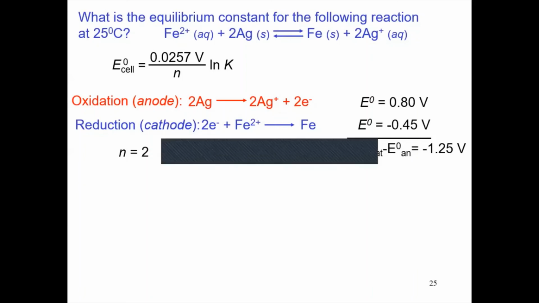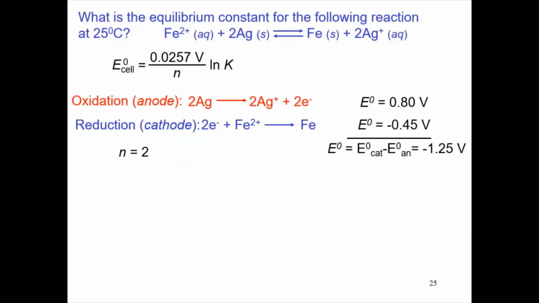At this point, looking at that voltage, what does that tell you about the spontaneity of this reaction? That's right, it's non-spontaneous, right? Because we said that at least in standard state conditions, if the potential is negative, that means the reaction is not spontaneous in that direction. What that means, therefore, is that when we solve for the value of K, K should be less than 1.